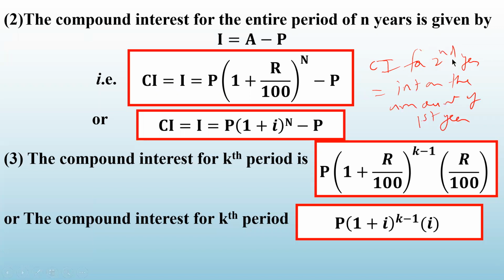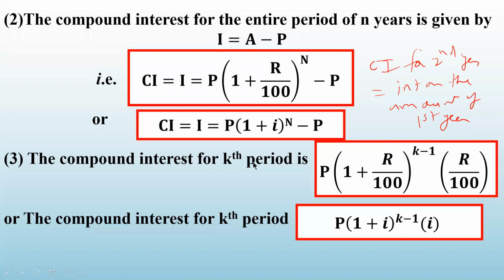Similarly, compound interest for the third year will be interest on the amount of the second year. So in this way, the compound interest for the kth period will be the interest on the amount of the previous year, the (k minus 1)th year.